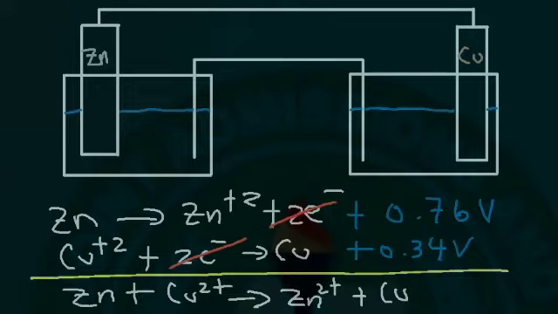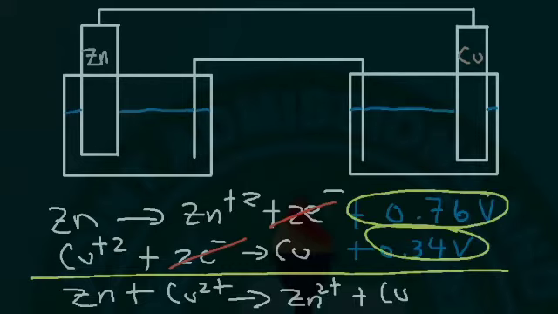And the cell potential for this net reaction, all we need to do is add these two numbers. So 0.76 plus 0.34 is about 1.1 volts. So this is the standard cell potential for this particular reaction. Now, under standard conditions, the concentration of the ions, like the copper 2 plus and the zinc 2 plus ions in a solution, has to be 1 molar or 1 mole per liter.